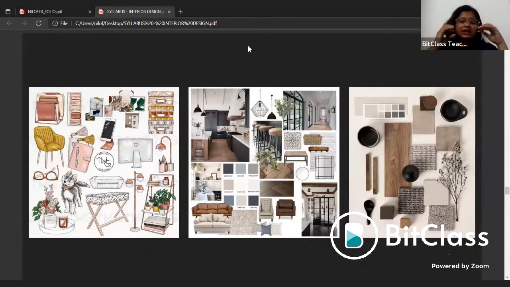Rather than the digital and the hand-drawn mood board, a physical mood board creates more excitement for the client. It is really important to use it, because it feels like they are seeing something in front of them. It really excites them. It also shows that you're putting so much effort into finding materials, and it is easy to suggest alternatives with a physical mood board.